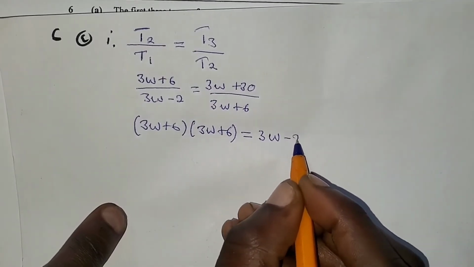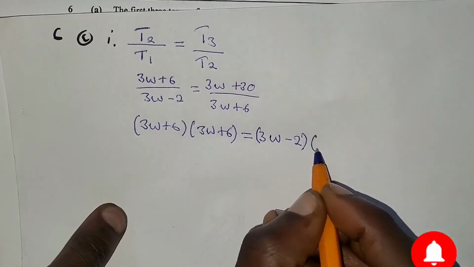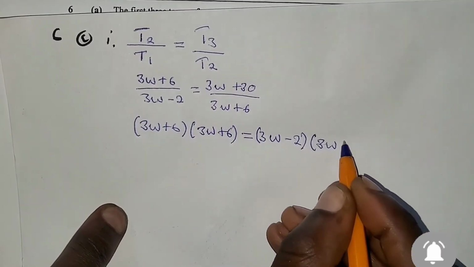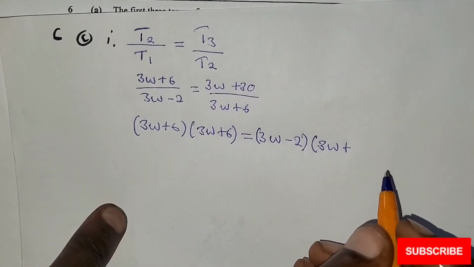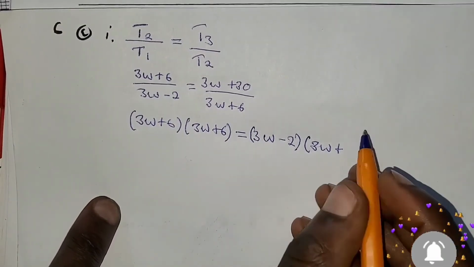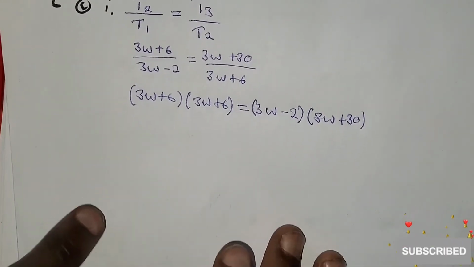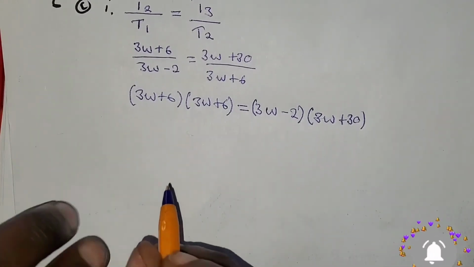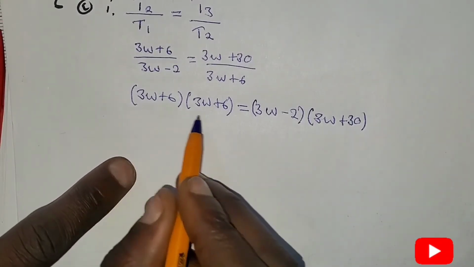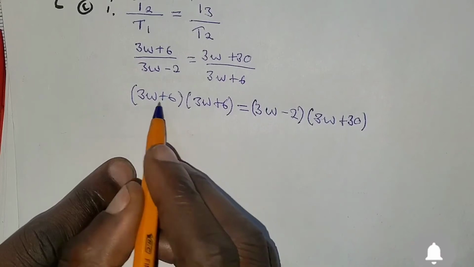Equals, you do the same here: 3w minus 2 will be multiplied with 3w plus 30. Remember how we remove the brackets when you have double brackets like this.